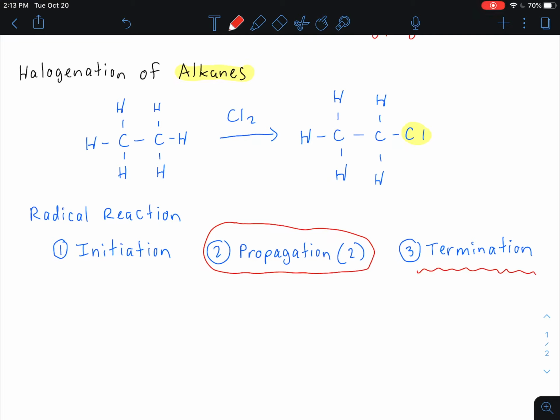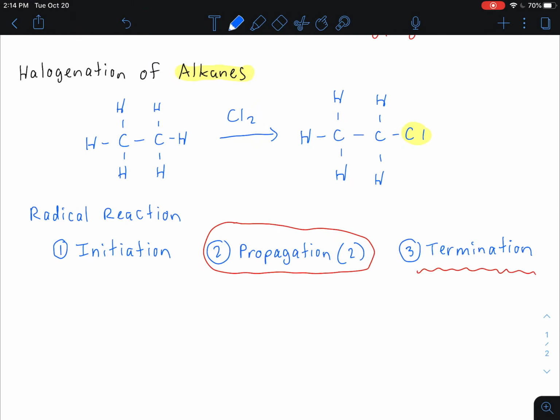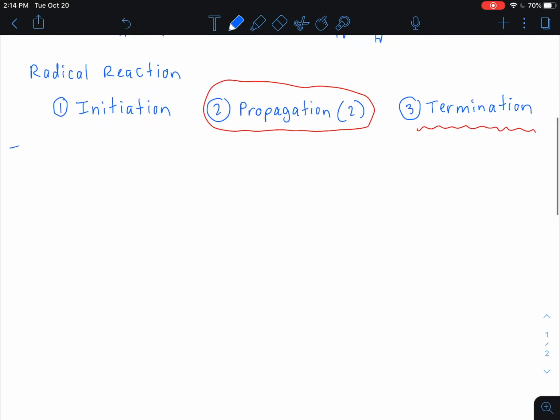So I think maybe we'll talk a little bit about energetics later on in terms of breaking these bonds, but we're going to need an initial expenditure of energy to create this homolytic bond cleavage to begin with. So we'll start by looking at that. So in our reaction, like we saw above, we can start with our initiation step.